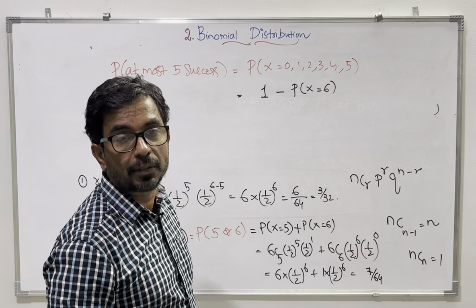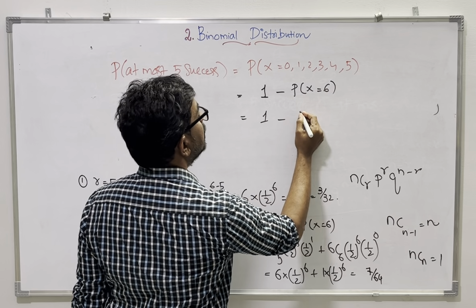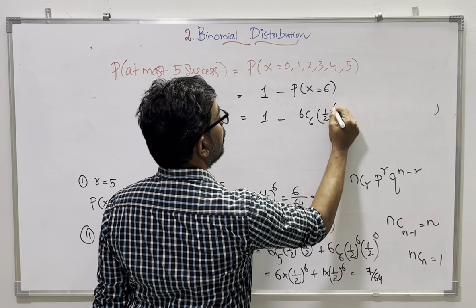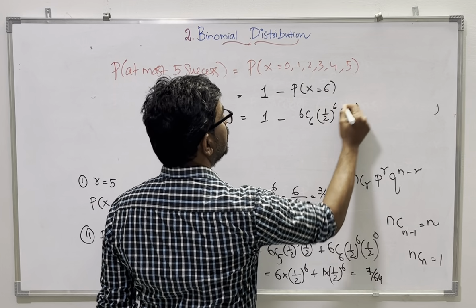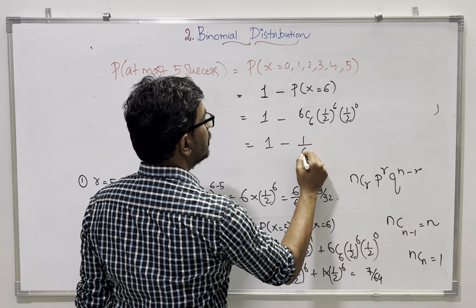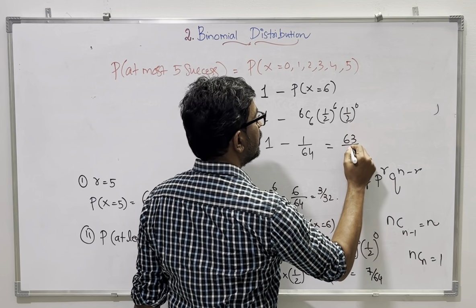So this will be 1 minus probability of X is 6, that is 6C6, 1 by 2 to the power 6, 1 by 2 to the power 6 minus 6, 0. So this is 1 minus 1 by 64, which is 63 by 64.